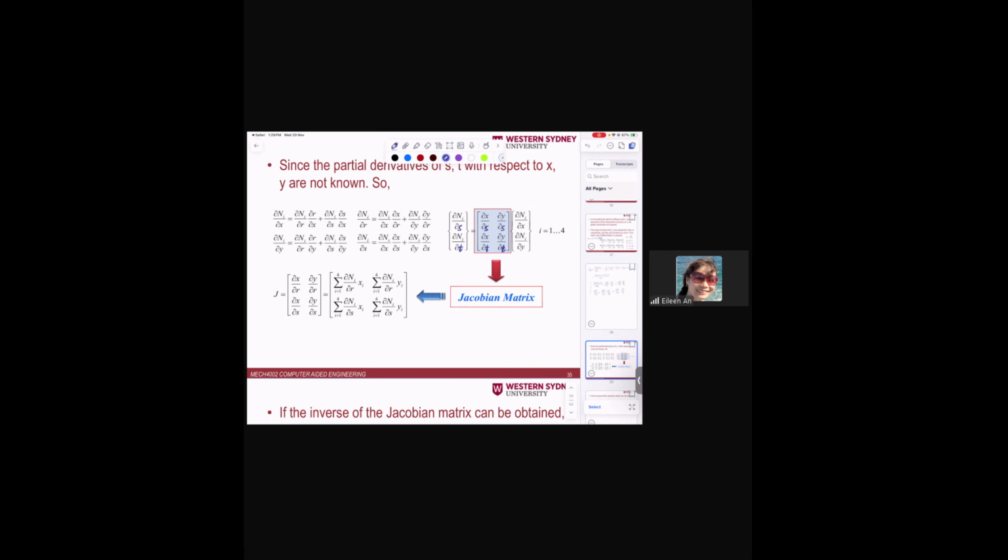And this Jacobian matrix, if we calculate the inverse of this matrix, right?